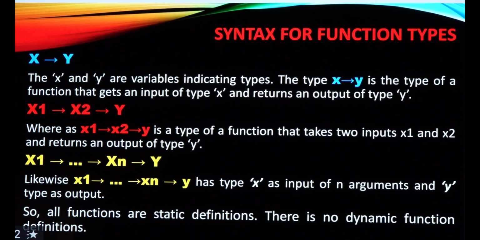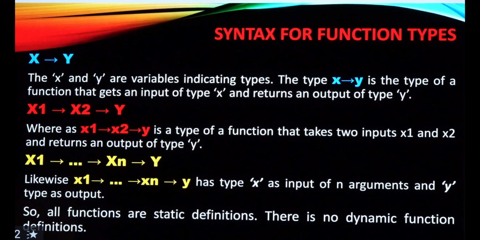x1 -> x2 -> y is the type of a function that takes two inputs, x1 and x2, and returns an output of type y.